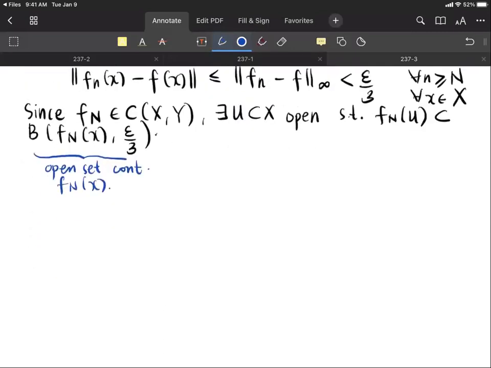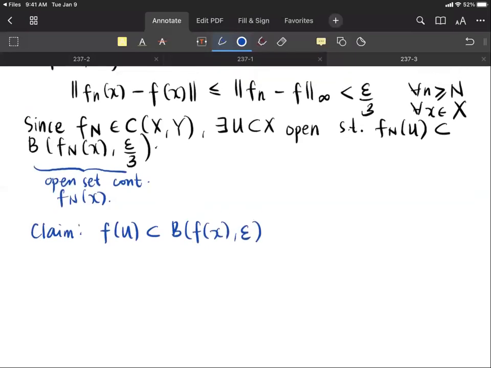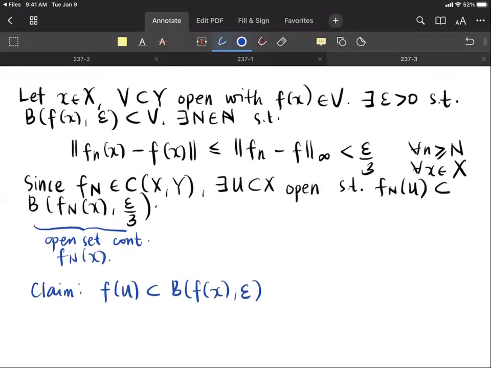Now, what is the claim? We're claiming that f of u is contained in the ball centered at f of x and radius epsilon. And by construction, this ball is contained in V based on this part here.